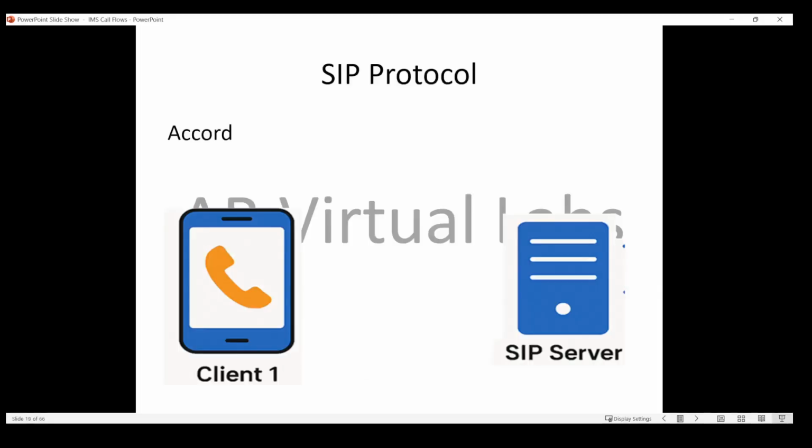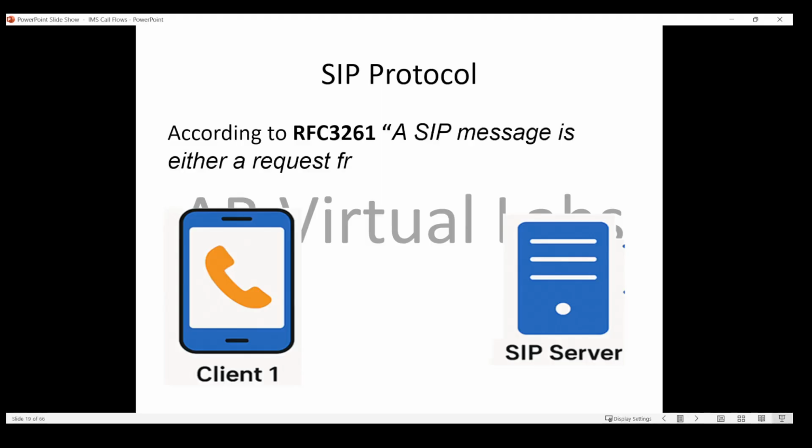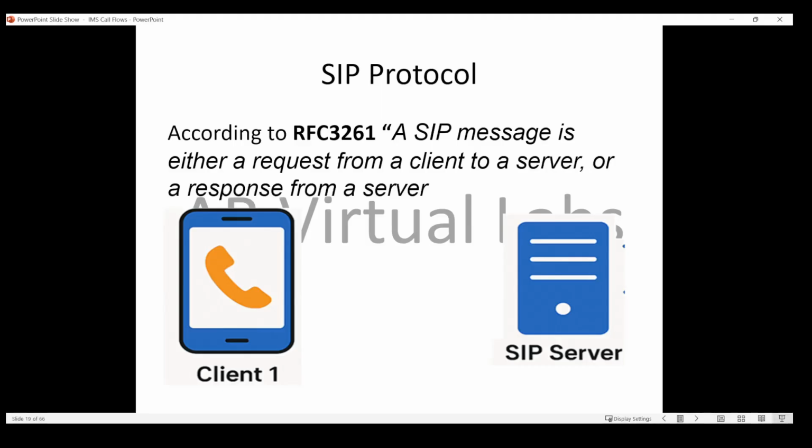Okay, so according to this reference, the RFC 3261, a SIP message is either a request from a client to a server or a response from a server to a client. As we can see here, the client is sending a request to a SIP server or is receiving a response. So SIP will never get outside of being a request or a response. Okay, and what's the main differentiator between both?